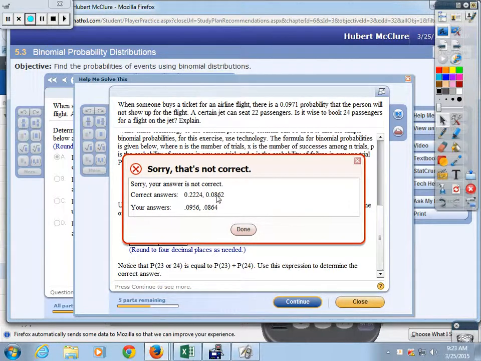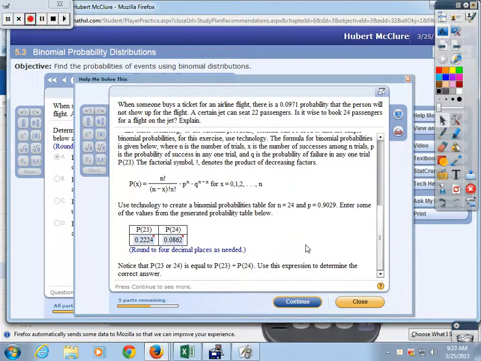Okay, now we must be typing in something wrong because those two are right on the money. So I must be typing in something wrong. I ain't gonna worry about it today.